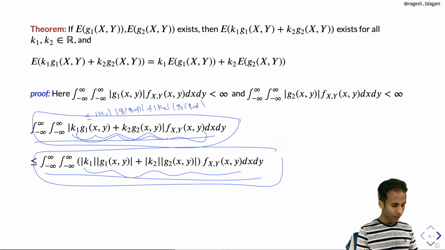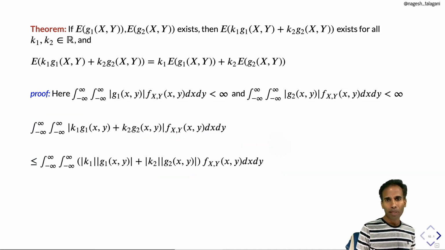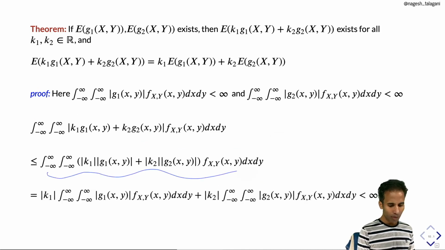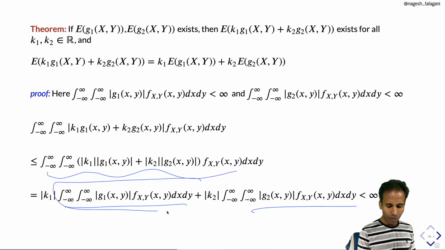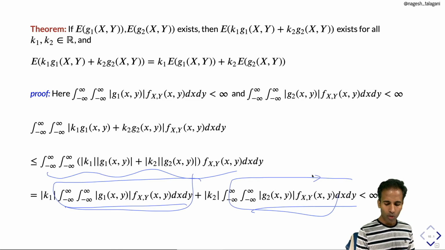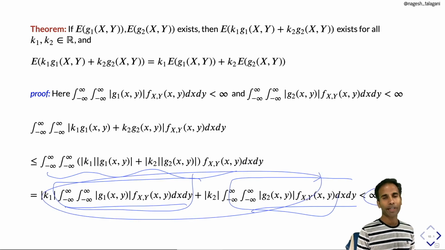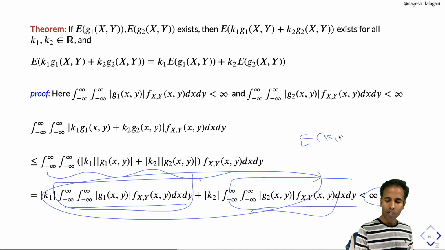Now by using the linear property of integral, we can write this integral equal to this one. Now we know this is finite, this is finite, so this whole thing is going to be finite. So we can say expectation of k1 g1(X,Y) plus k2 g2(X,Y) exists.